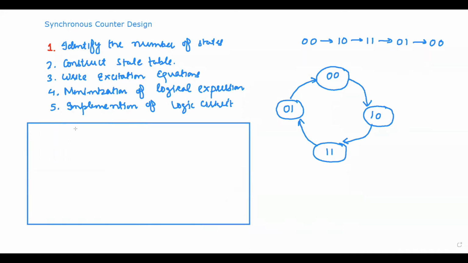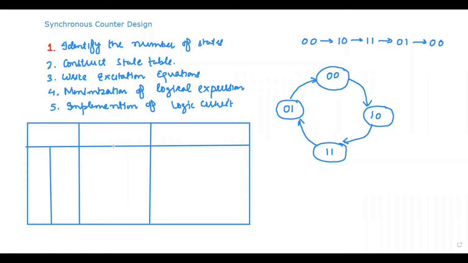This is your present state, and this is your next state. How many states are there? 4 states are there, so 4 rows are sufficient.